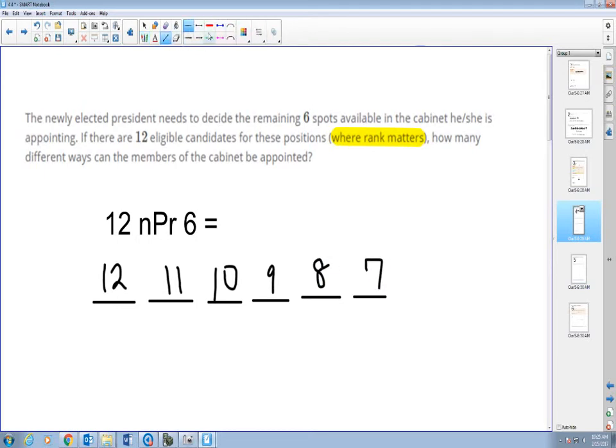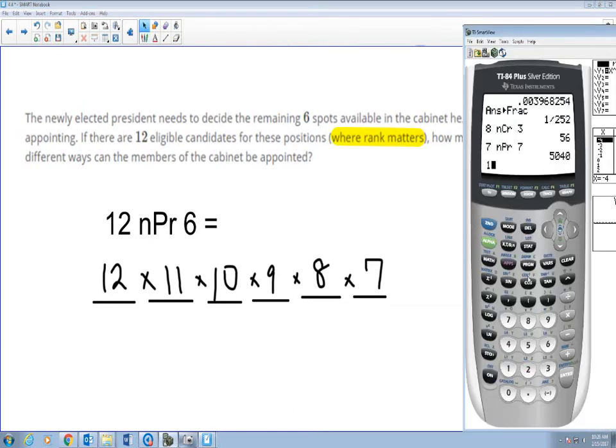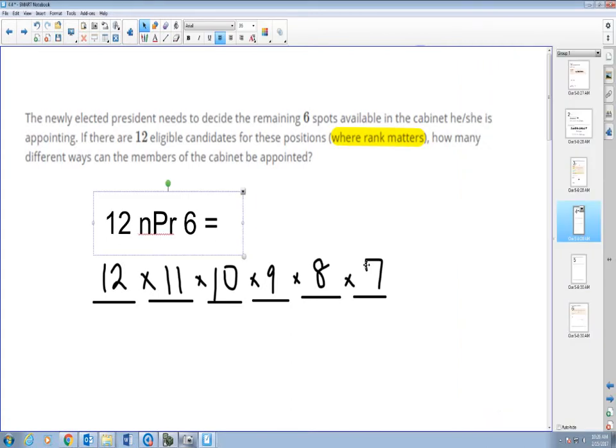So one task followed by the other task, so I will multiply. 12 times 11 times 10 times 9 times 8 times 7, which is the same thing as 12 choosing 6 using permutation. It's the same answer, 665280. That's how many ways I can choose.